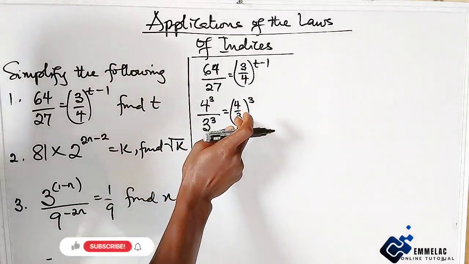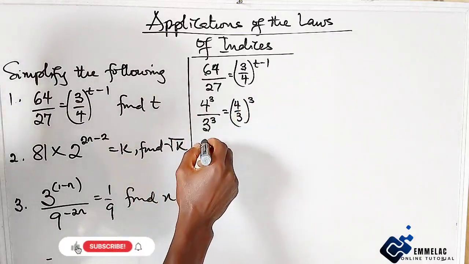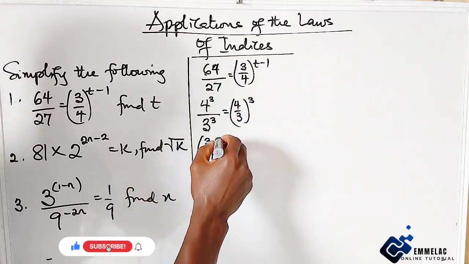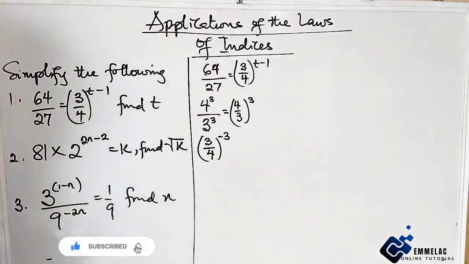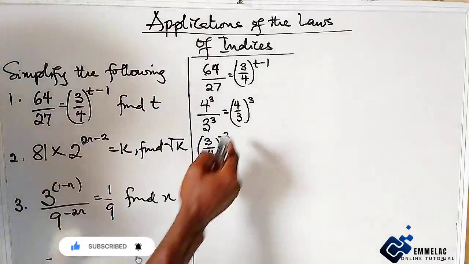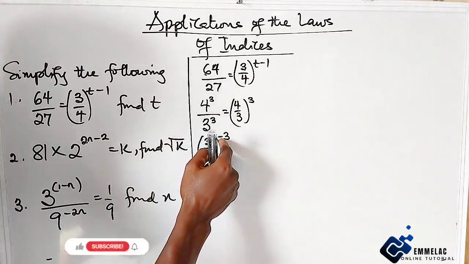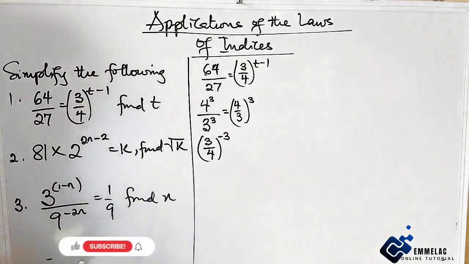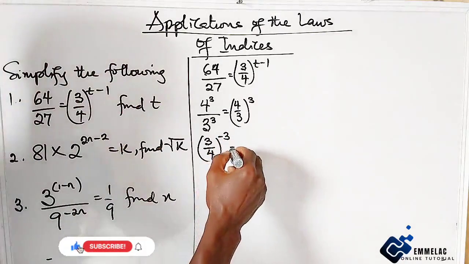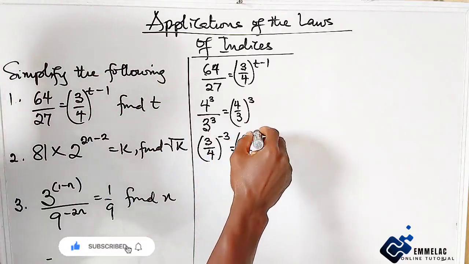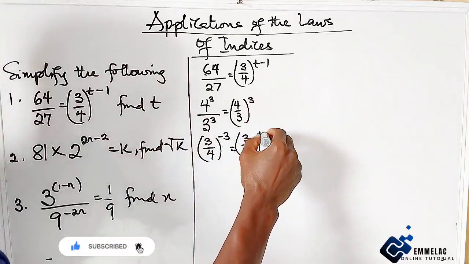By changing it, we have 3 over 4 all raised to the power of minus 3. Yes, if you change to the reciprocal, the index becomes the negative of it. So this equals 3 over 4 all raised to the power of t minus 1.